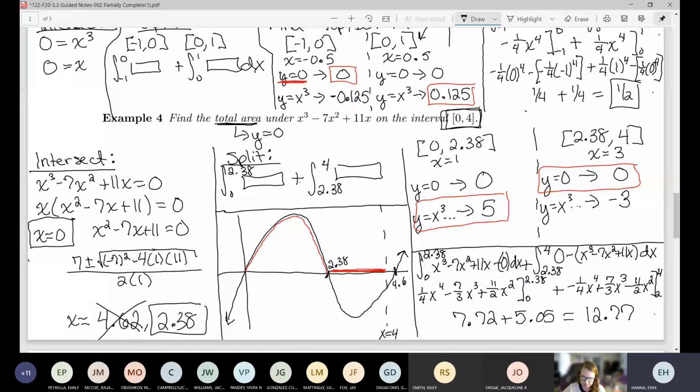Yeah, so I essentially took the x equals 1 that I chose for that interval, and I plugged it into the function, so I'd have 1 cubed minus 7 times 1 squared plus 11 times 1, and that gave me 5. Okay, Kayla, I was running out of space, so I'm not saying that x cubed is 5, I'm saying that the x cubed function gave me 5.